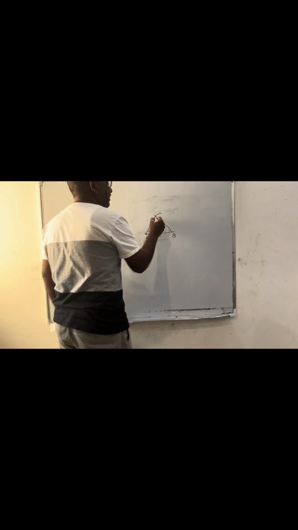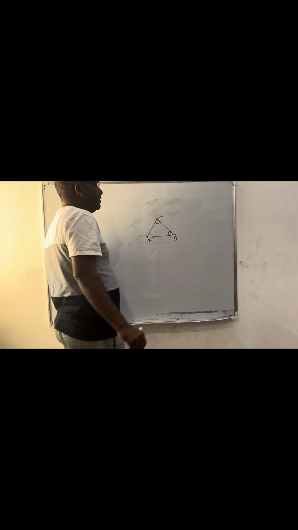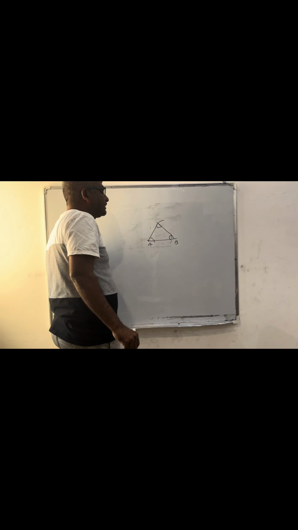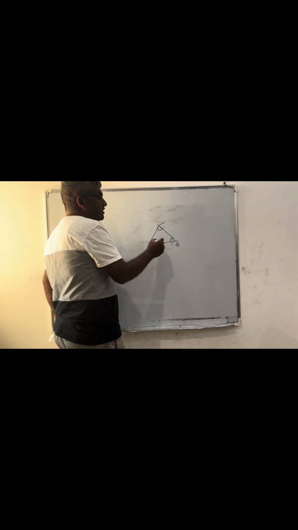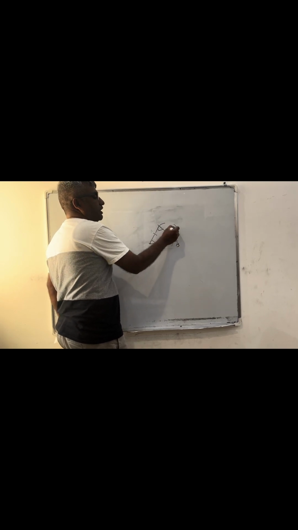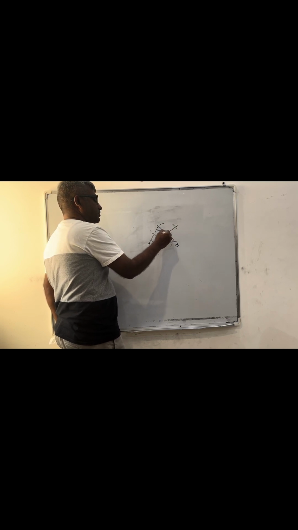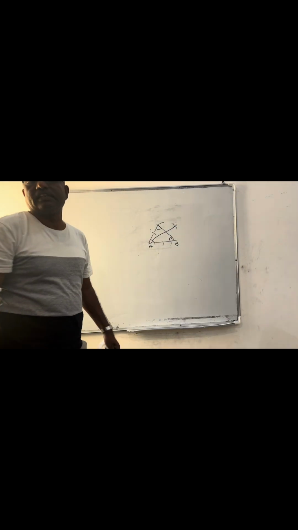It is 60 degree, right? Now if they ask to draw 30 degree, from this use the angle bisector. Take this one, and from here take this one. So this is the 30 degree.